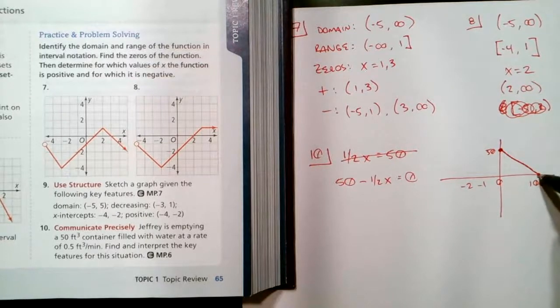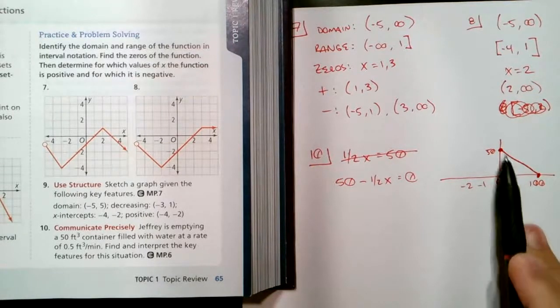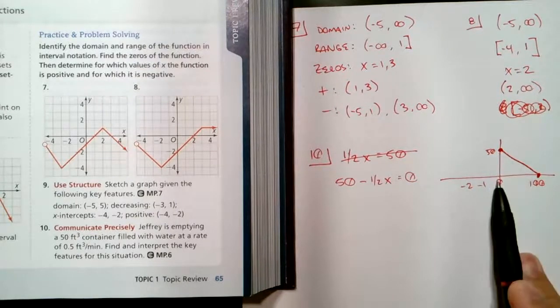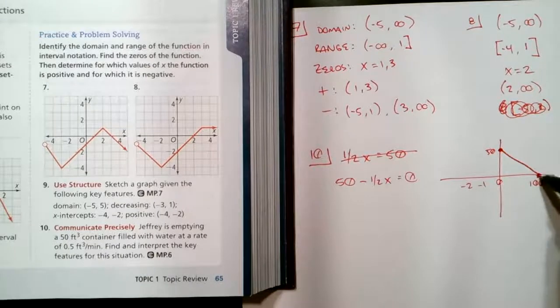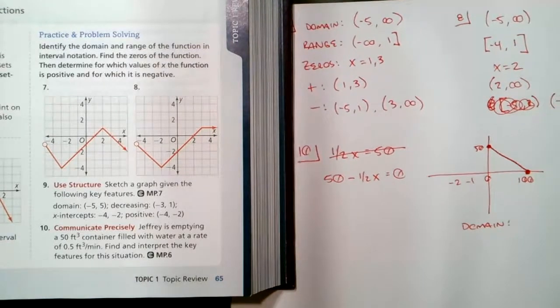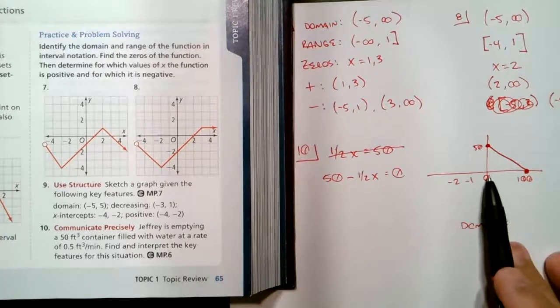If you have 50 cubic feet in a truck or in a water tank and you lose 1/2 per minute, I think it's going to take 100 minutes for it to be empty. So it starts off at time 0 full at 50 cubic feet, but then after 100 minutes, it's down to empty. Okay, so that's just a quick sketch. That's not super accurate or anything, but it just gives you a visual representation of what it's talking about.